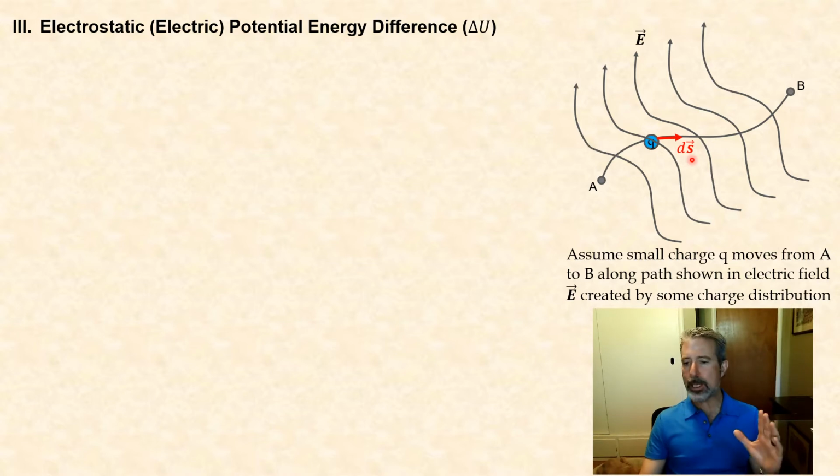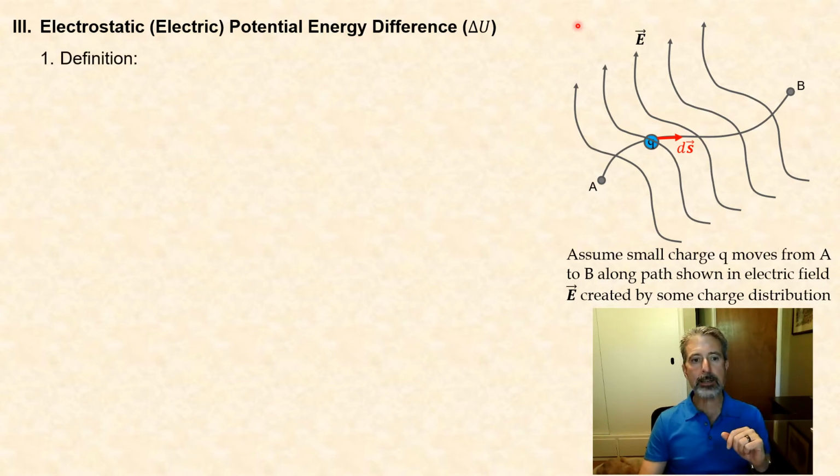I know that some texts use the symbol dl to represent a displacement vector. Giancoli does, in fact. I don't like that notation because when we talk about current distributions, when we talk about magnetism, the L's and the I's look very much alike, and it's easy to get them confused. So we'll stick with this symbol ds to represent an infinitesimal displacement vector.